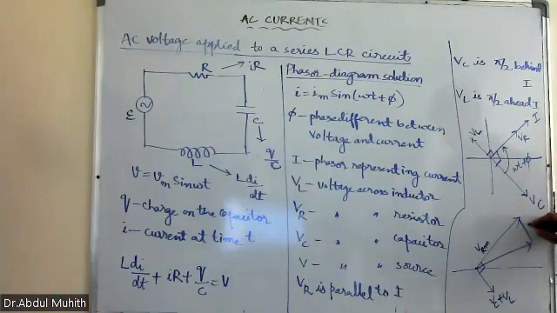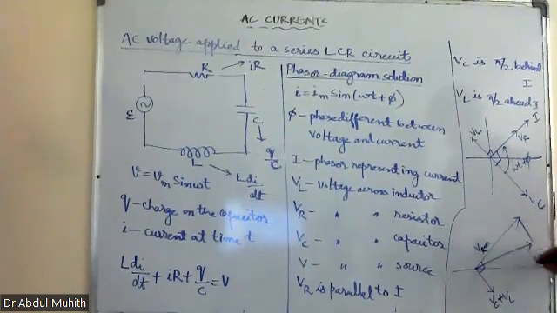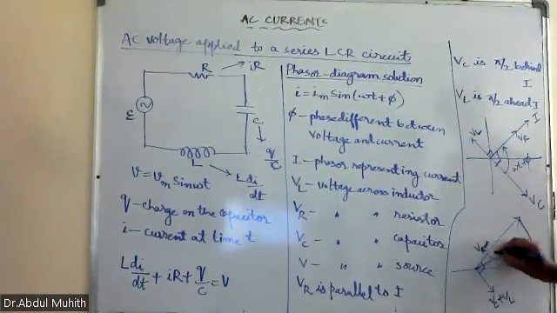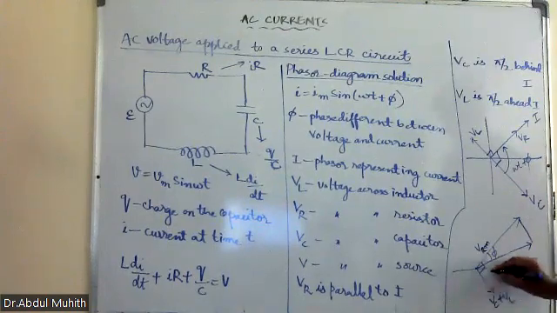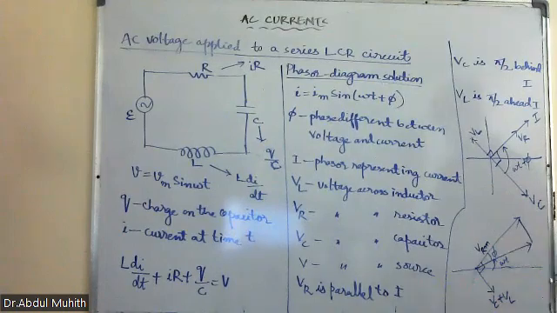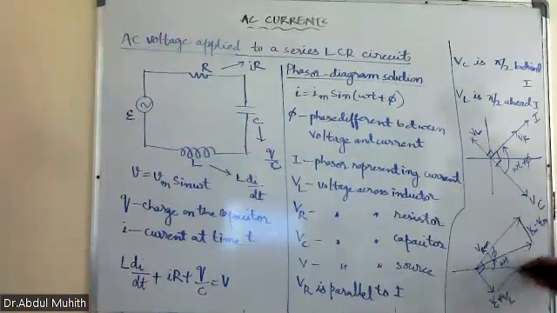Now here it is VRM, and this is phi. This is omega t. And here we have VCM minus VLM.